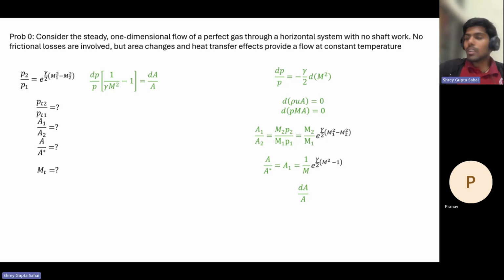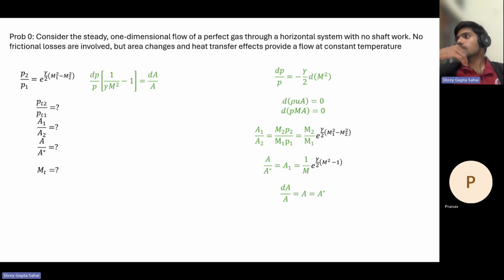Let me complete this and then we'll talk about that. Okay. So we know A is a function of A star. A star is a kind of a constant. It does not change as long as the flow is isentropic. Wait, as long as flow does not have to be isentropic.